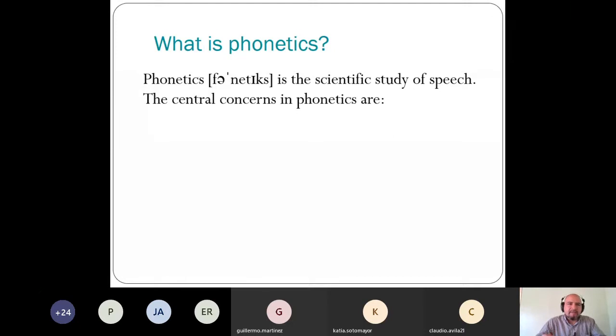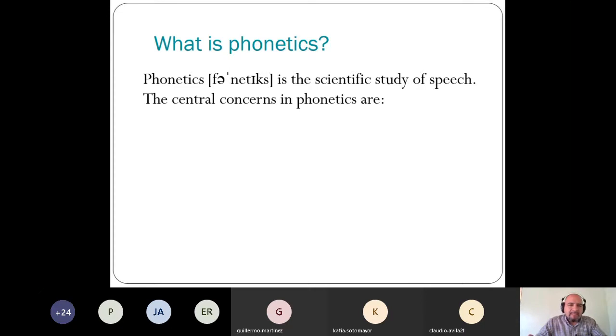For instance, when I say the first one, the initial sound, I'm using my upper teeth and the bottom lip, right? But when I'm producing the last sound, I'm not using my upper teeth.